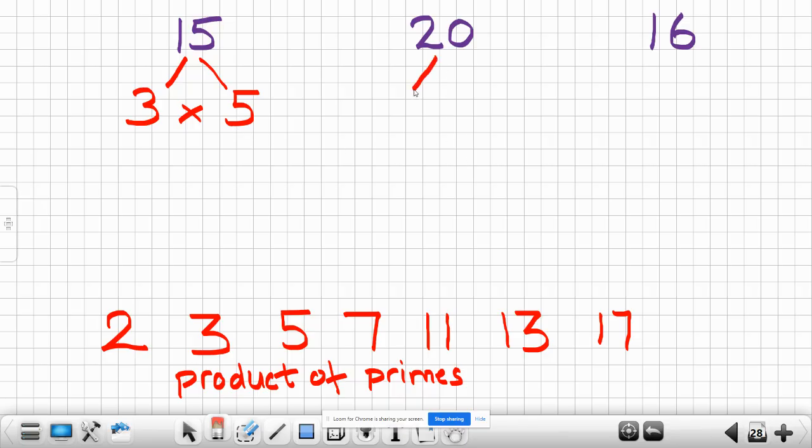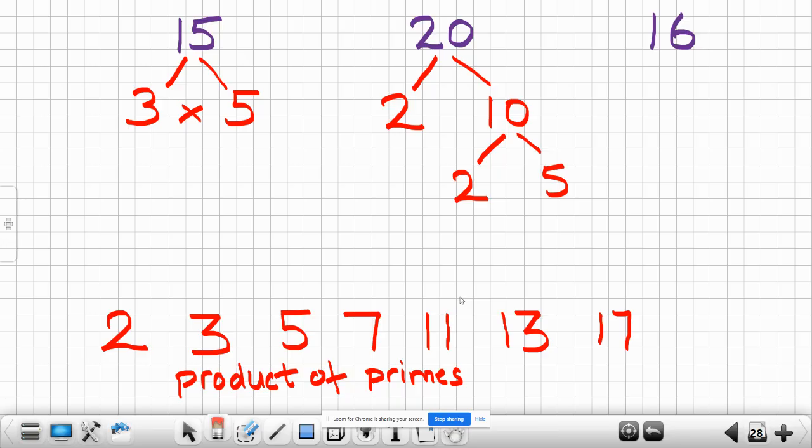20. Well, we could split that up into 2 times 10. 2 is definitely prime. 10 isn't. So that means we must be able to break 10 up into products of primes. So let's do that. Well, 10 could be 2 times 5.